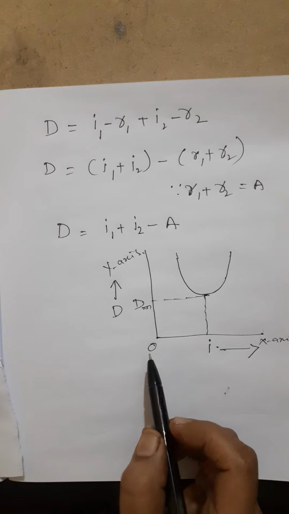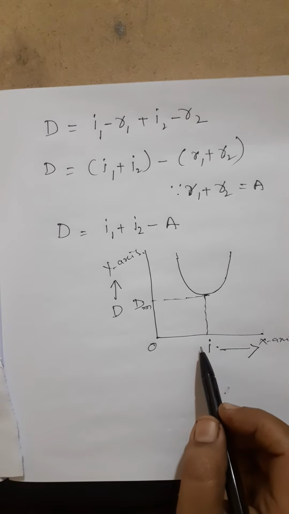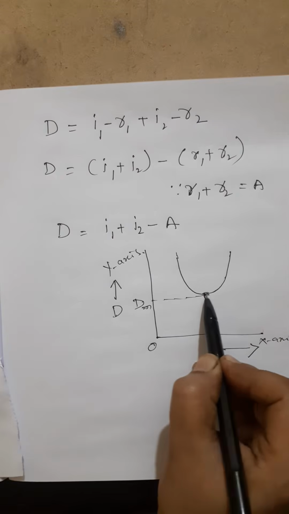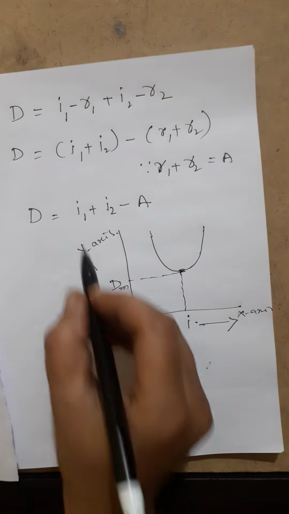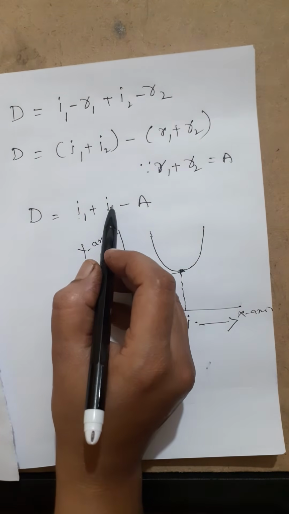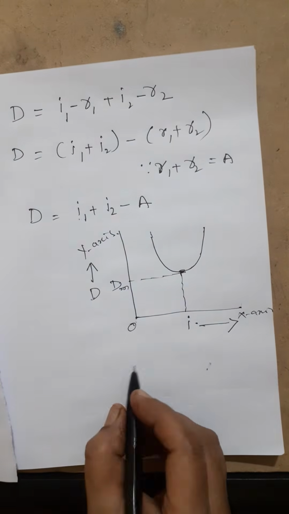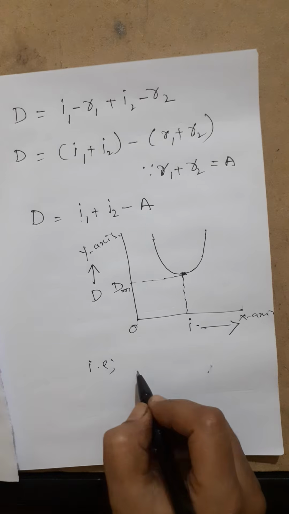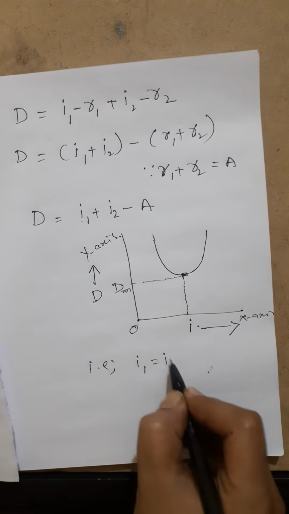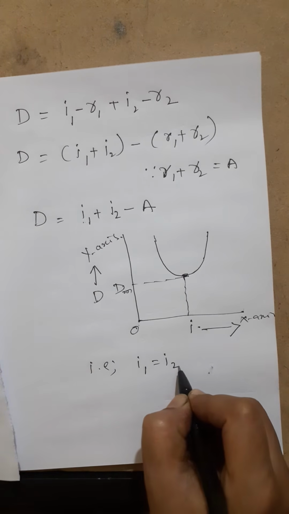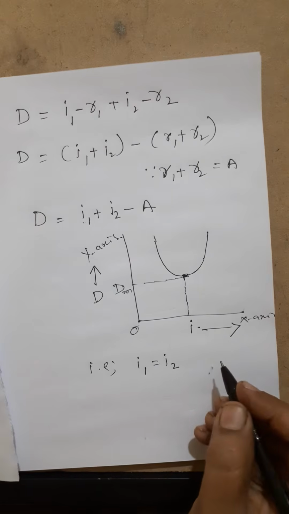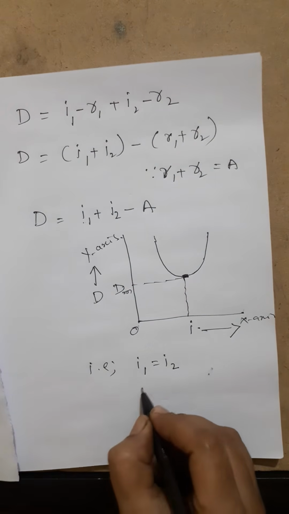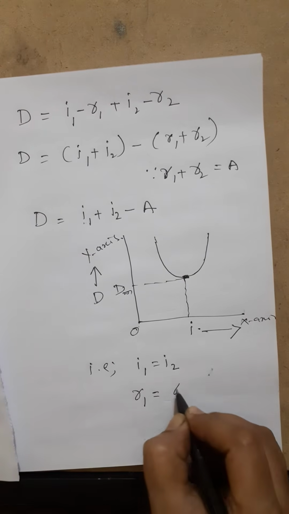So at the minimum position the two angles of incidence are the same. At this minimum deviation position I1 is equal to I2, and the angles of refraction are also the same.